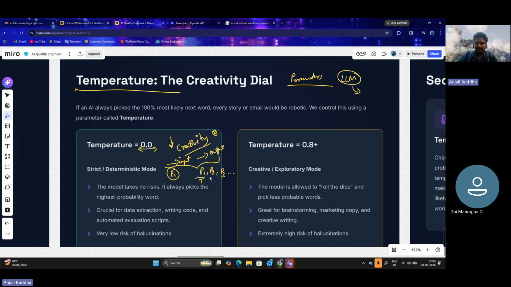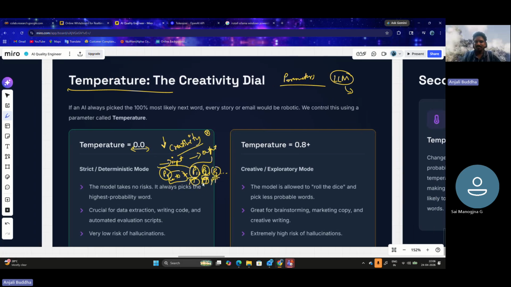Here we are dividing by temperature, so 1 by t. Depending on how great the t is, the net value of these probabilities could increase or decrease. When it is near zero, the highest probability is always chosen, and the lower probabilities decrease a lot since the t is small. Again, this is mathematics, but we need not worry about the mathematics here. That's how temperature controls what to predict.